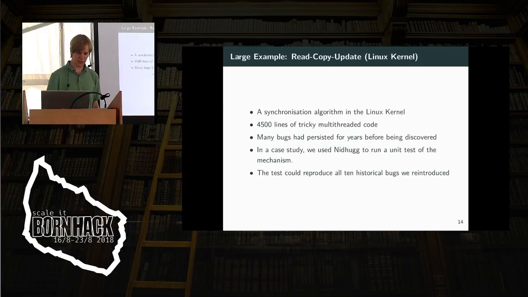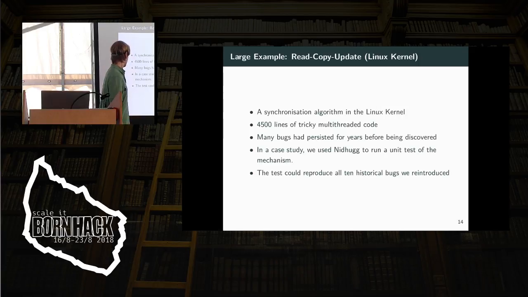So in a case study, we used Nidhugg. We extracted a unit test of this thing and used Nidhugg to test this. And by reintroducing all these historical bugs, we were able to discover them.